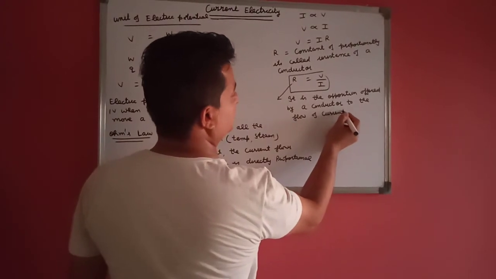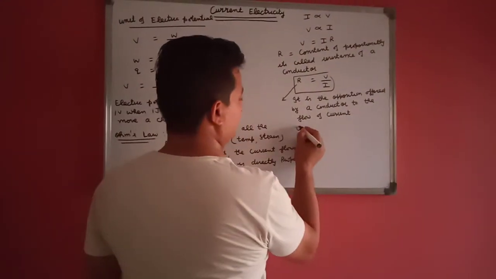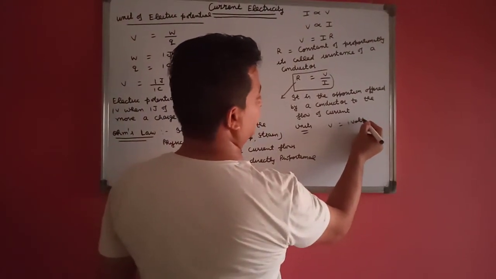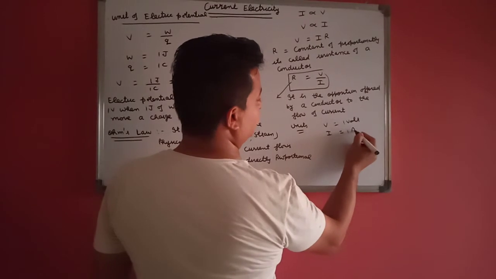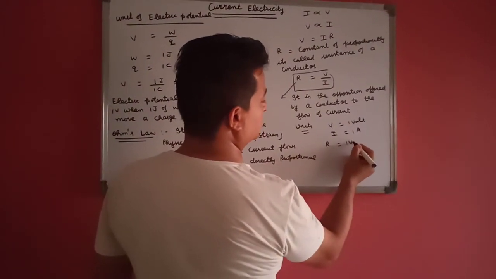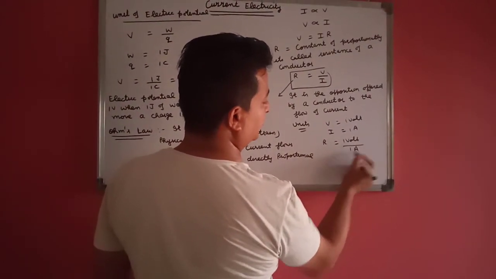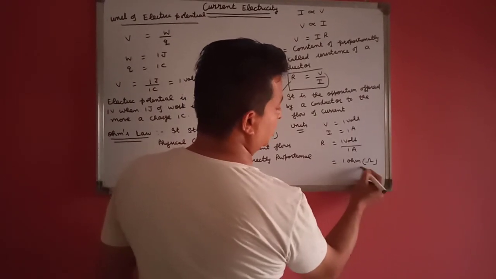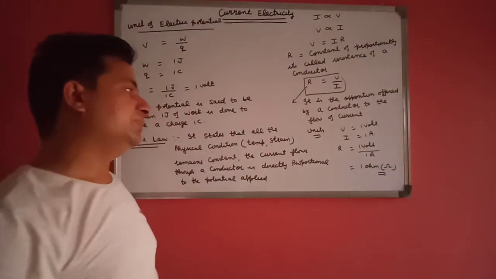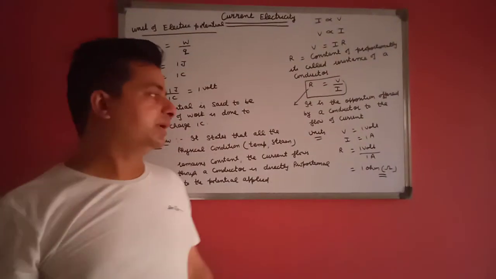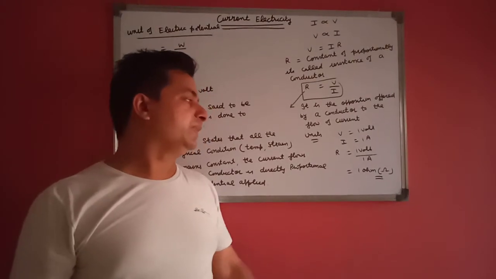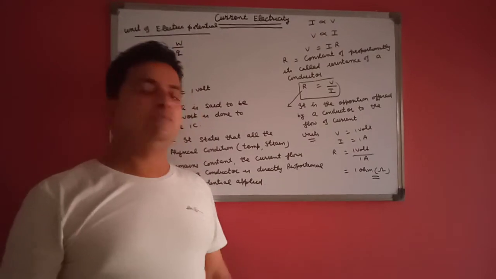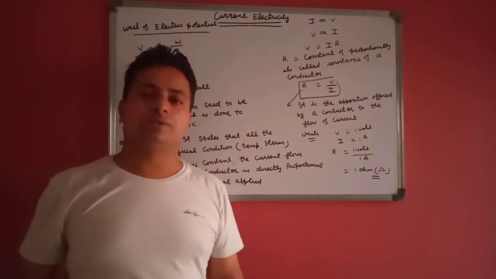This is the definition of resistance. Units: we take V as 1 volt and current as 1 ampere, then R is equal to 1 volt upon 1 ampere, which is 1 ohm. This is the symbol of ohm. This means resistance of a conductor is said to be 1 ohm when 1 volt potential is applied so that 1 ampere current flows through the circuit.